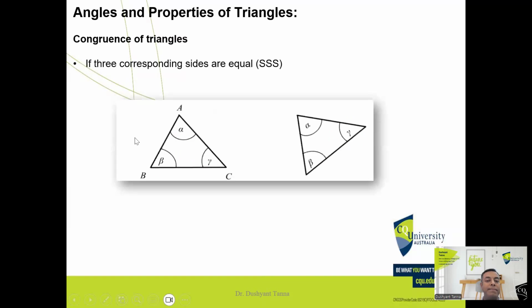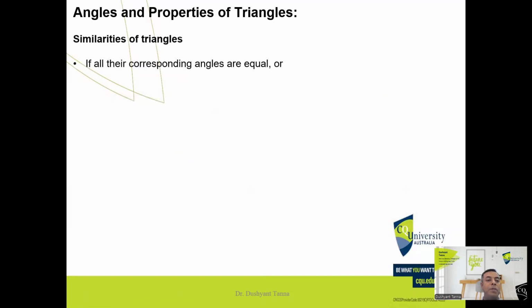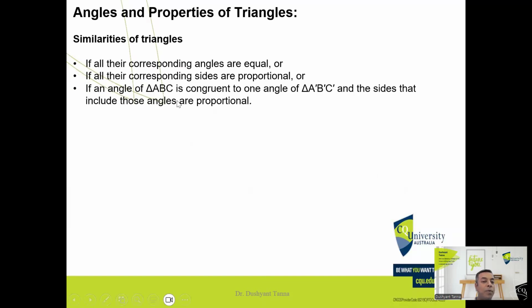All the three sides, or all the corresponding angles, or two of them, or the sides are proportional. If one angle of ABC is congruent to another angle and sides are proportional, then they are called similar. There are two concepts: one is called congruence, the other is called similarity.